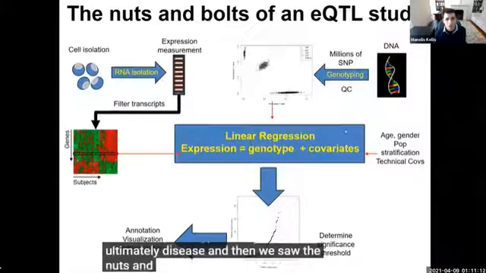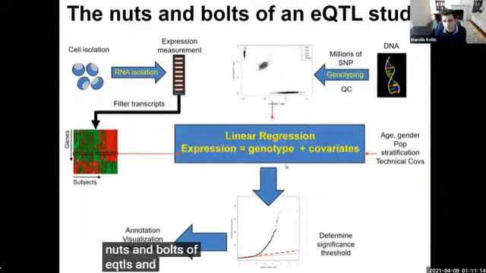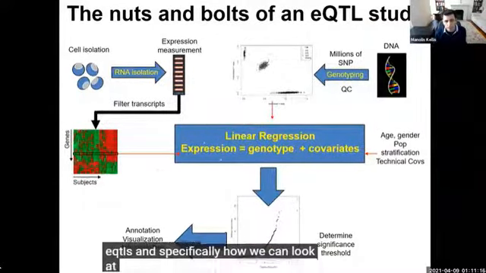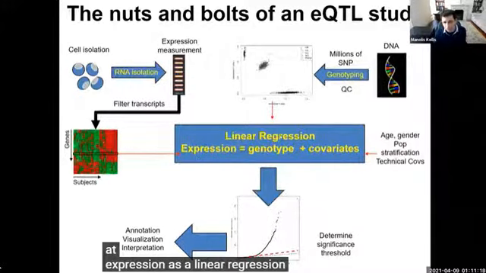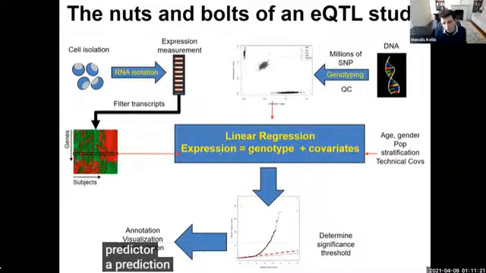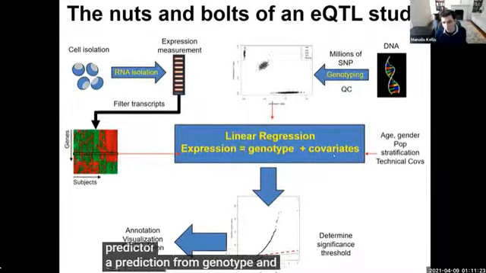Then we saw the nuts and bolts of eQTLs, and specifically how we can look at expression as a linear regression prediction from genotype and covariates.